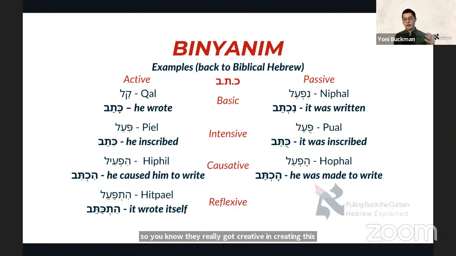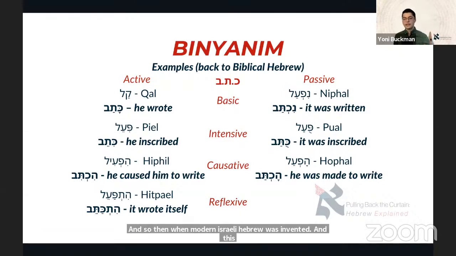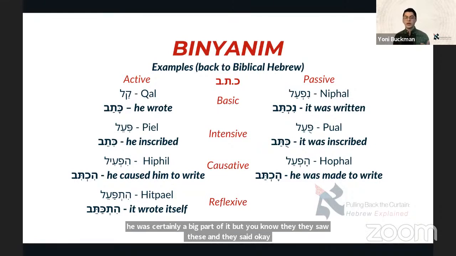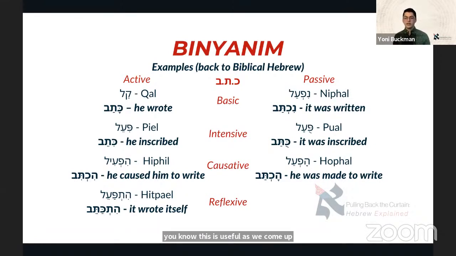And so then when modern Israeli Hebrew was invented, and this is in the 1800s, and I know everyone likes to give Eliezer ben Yehuda all of the credit, and he was certainly a big part of it, but they saw these and they said, okay, this is useful as we come up with new words that don't have a biblical root or a meaning, we want a system that we can plug into.